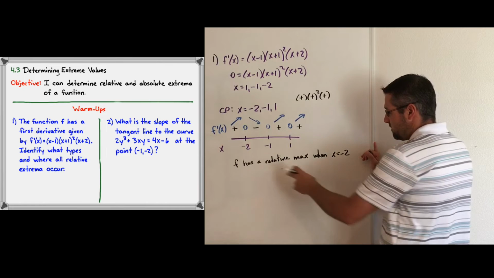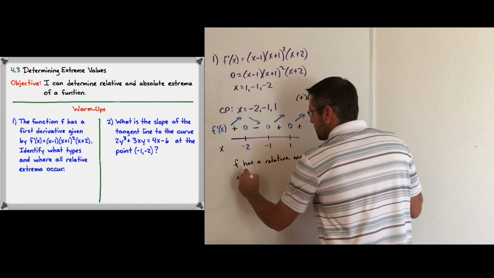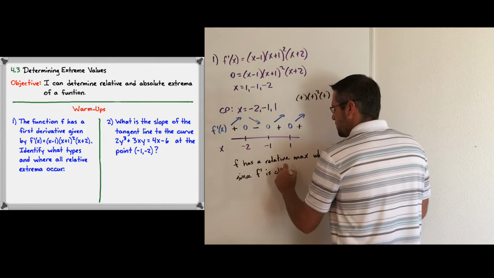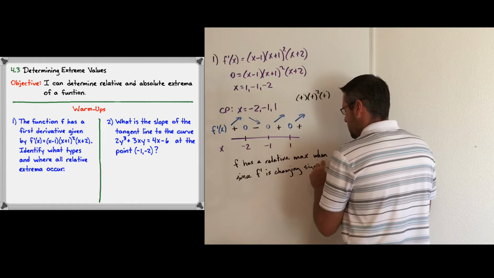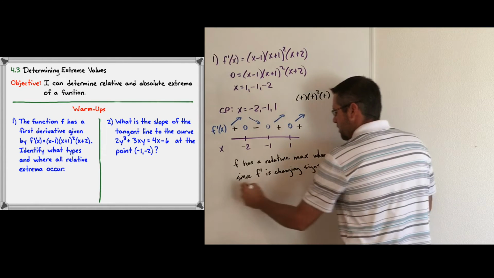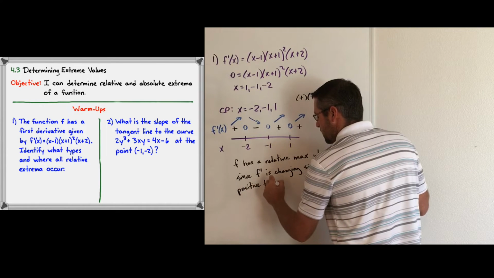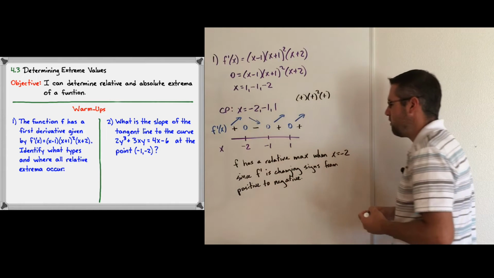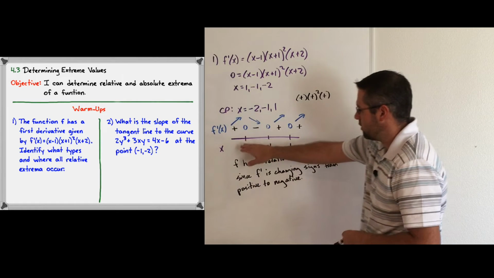F has a relative maximum when x equals negative 2 since f prime is changing signs from positive to negative. All right, so now we've identified where a relative maximum occurs. It occurs at negative 2.